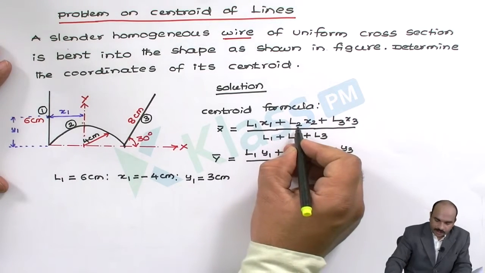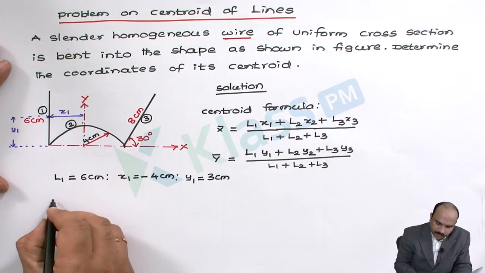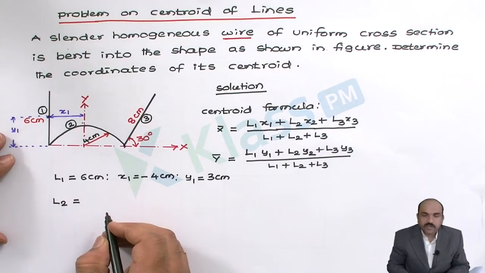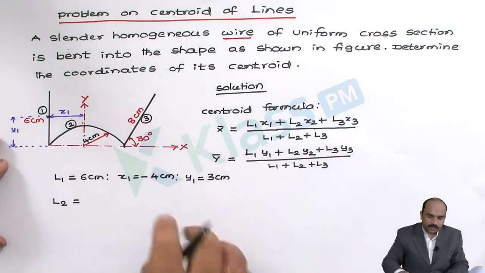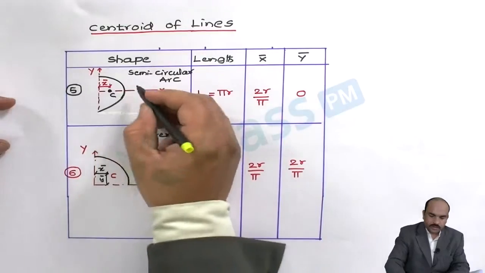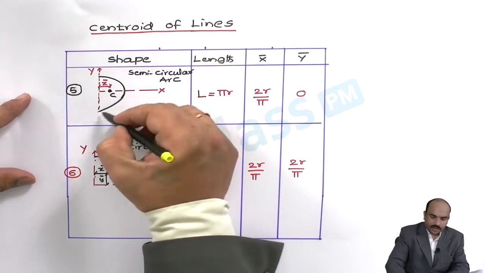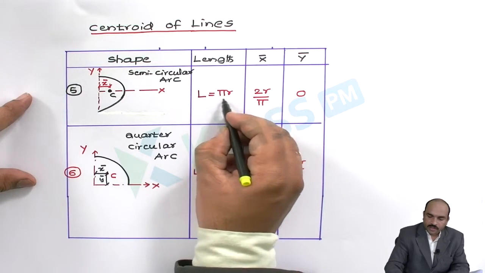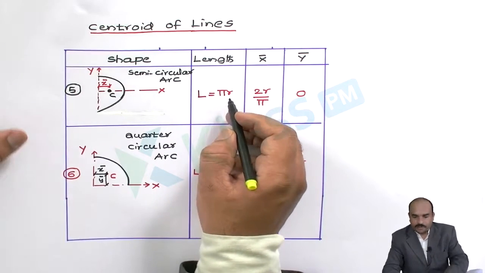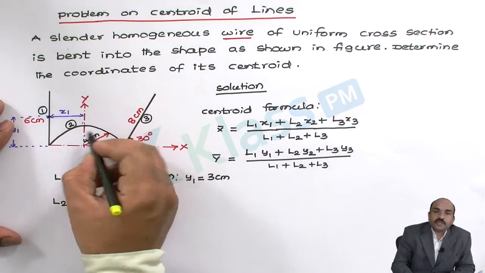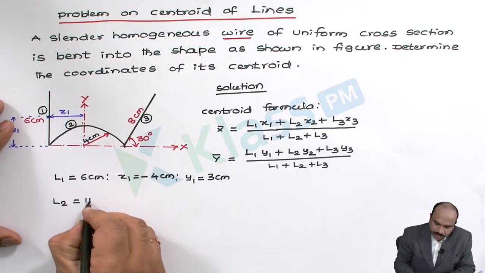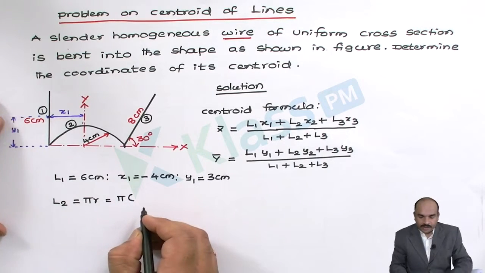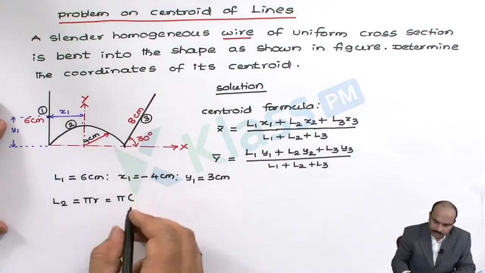Now similarly let us calculate for the second one, that is L2. So L2 is the length of the semicircular arc. We know the formula for the semicircular arc. What is the formula for the total length of the semicircular arc? It is pi r. So the length of the semicircular arc is pi r, that is pi into its radius, given as 3.